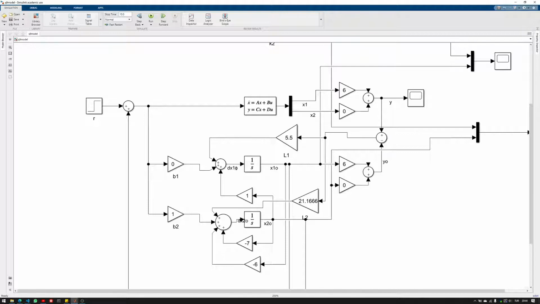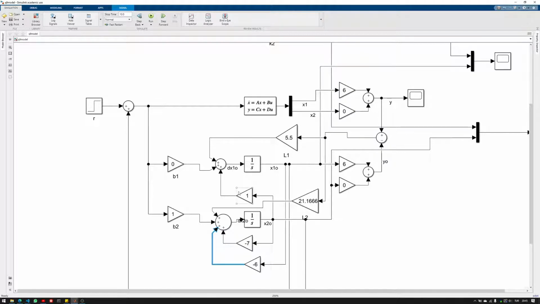So dx1 observer is equal to the integral of this, which generates me x1 observer, and I am feeding minus 6 times x1 observer to the second state. If you look at the A, B, C, D matrices, you will see why.